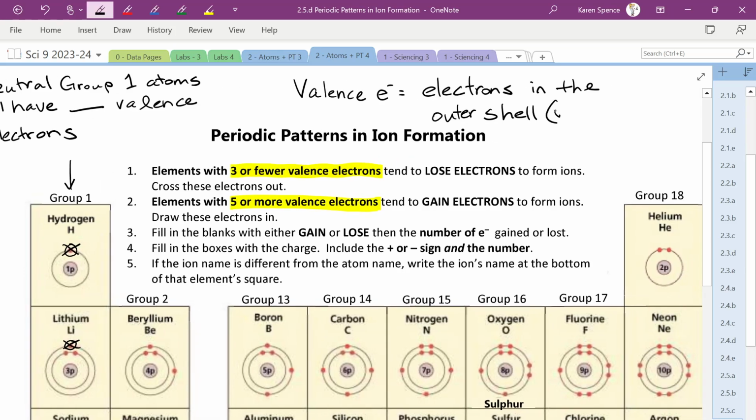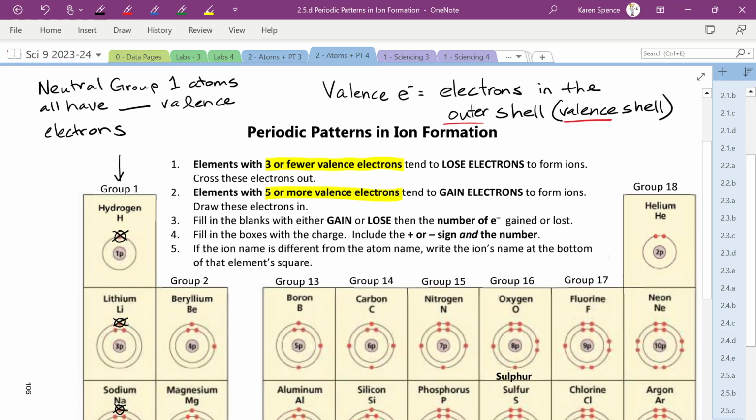Valence shell. So before we got all excited and took away those electrons in group 1, how many valence electrons do group 1 atoms have? They have 1 valence electron.